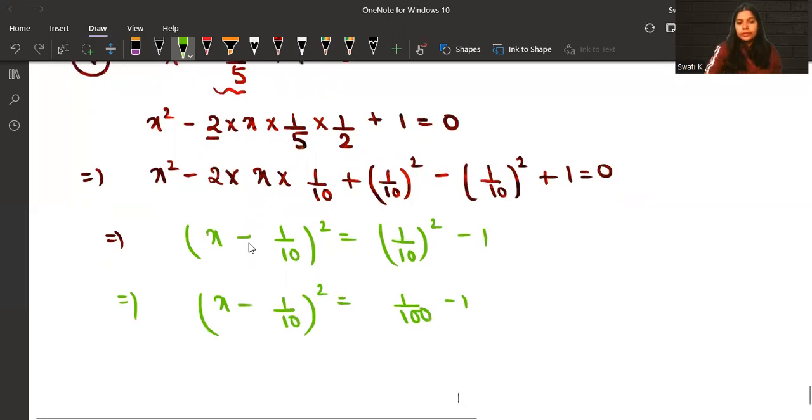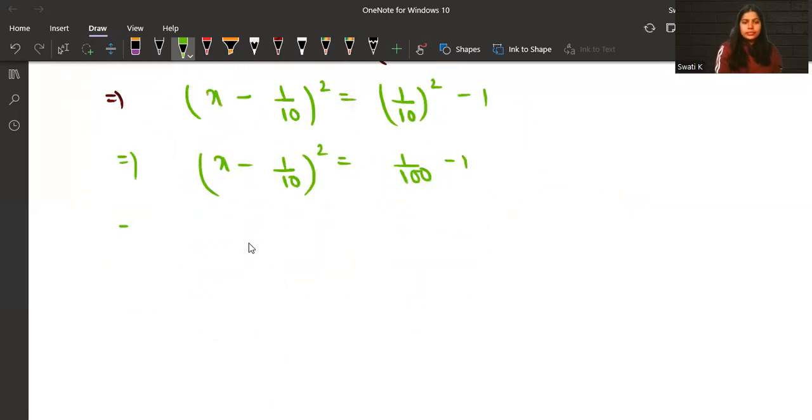Then x minus 1 upon 10 whole square equals 1 upon 100 minus 1. If you take the LCM here, this will become minus 99 upon 100.